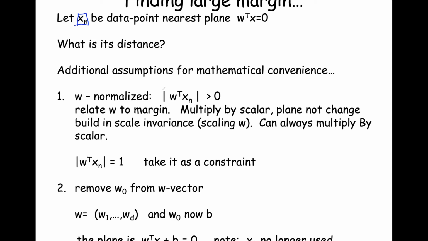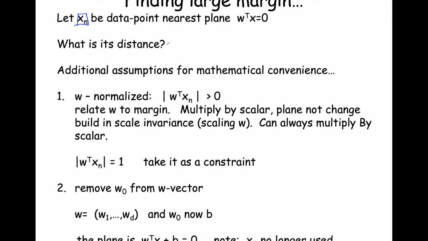And so certainly if we take the absolute value of W transpose with its closest point, that's going to be greater than 0, because we know it's not on the hyperplane, so it's either positive or negative, i.e. different from 0. We know this for sure because by definition, our xn is not on the plane. It's nearest to the plane.